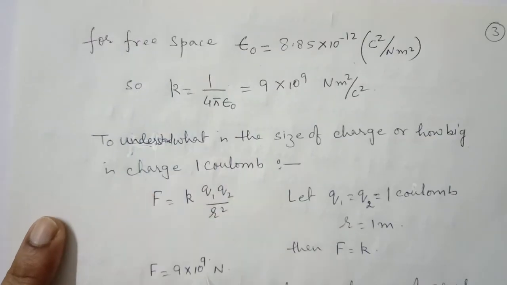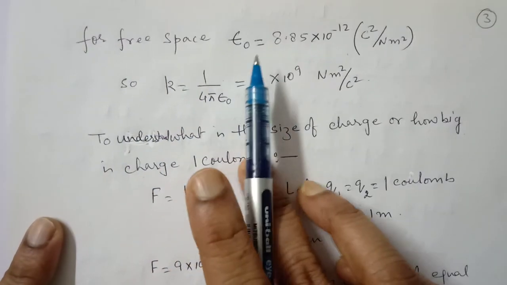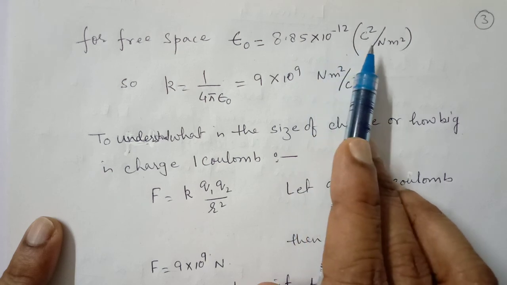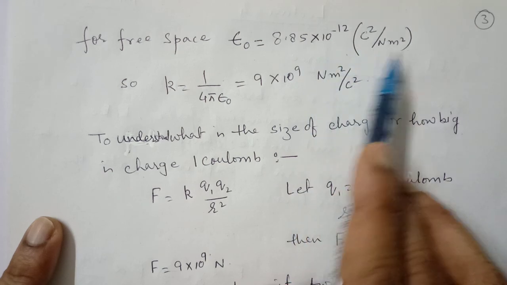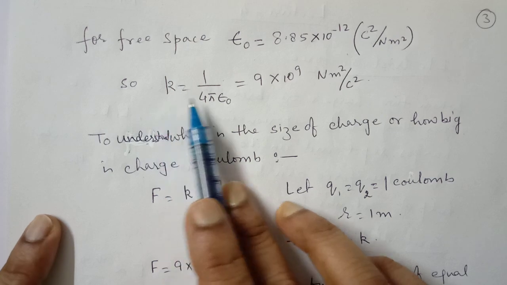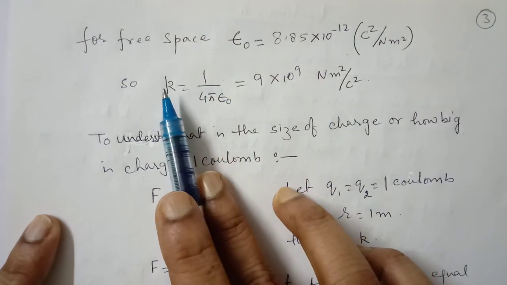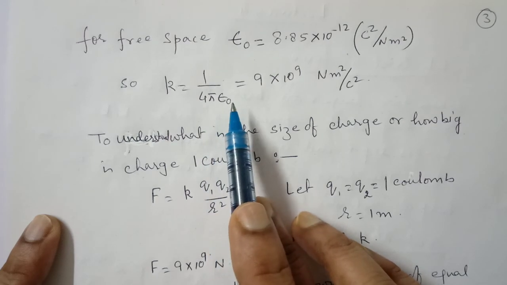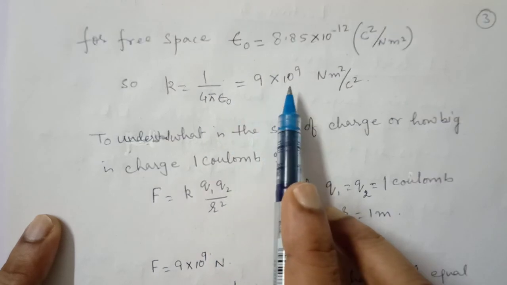For free space, epsilon naught has the value 8.85 into 10 to the power minus 12 Coulomb square per Newton meter square. So, if I put it in this formula, K is equal to 1 by 4 pi epsilon naught, its value comes out to be 9 into 10 to the power 9.